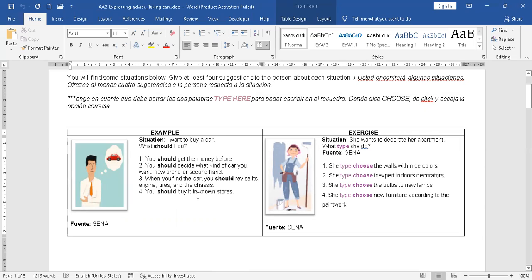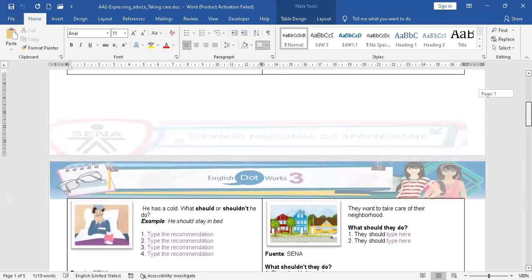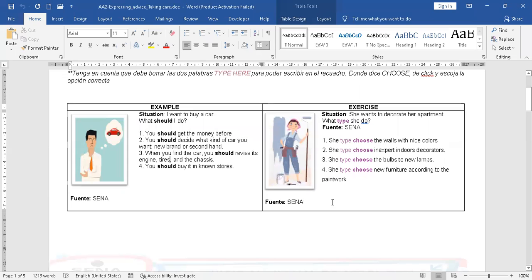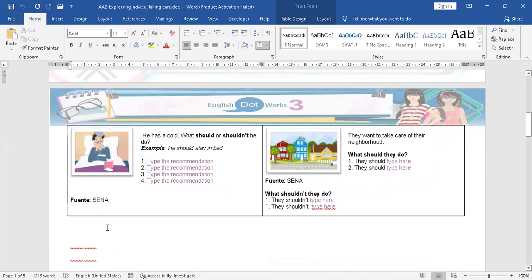You should buy it in stores. So you do the same with the other three situations. We have here the second one, first one for you, the third one, second one for you, and the fourth one, third one for you.